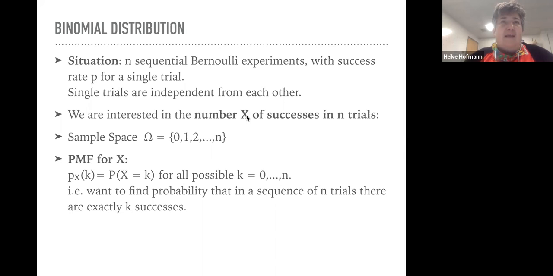So we define x as the number of successes in those n trials, which means that we have a sample space for this random variable from 0 to n. And we can set up the probability mass function for the number of successes as the probability that x is equal to k, where k is any one value between 0 and n.